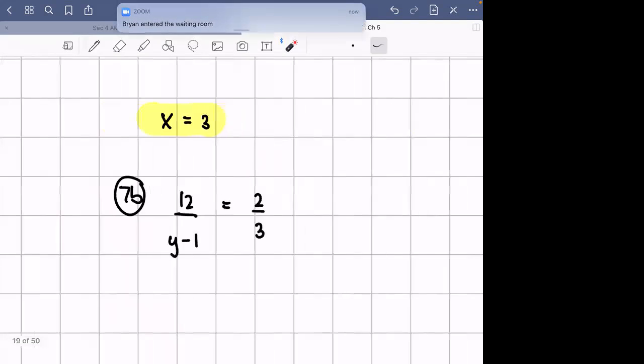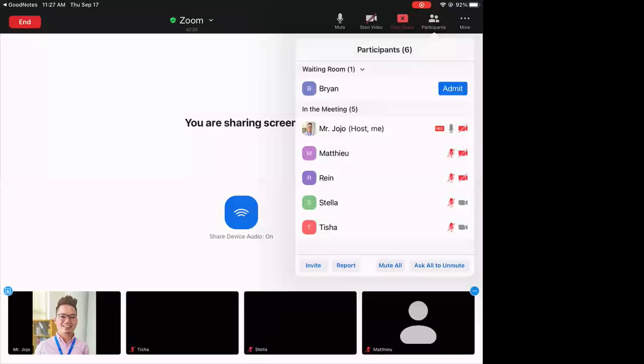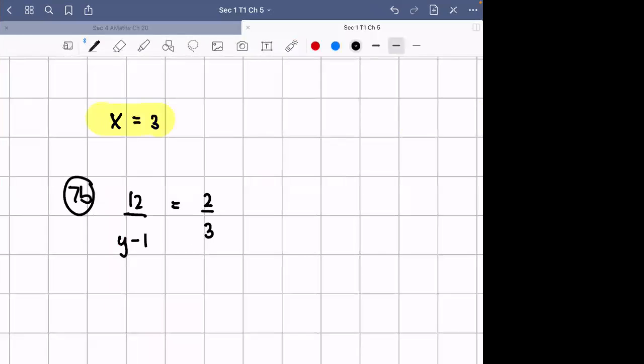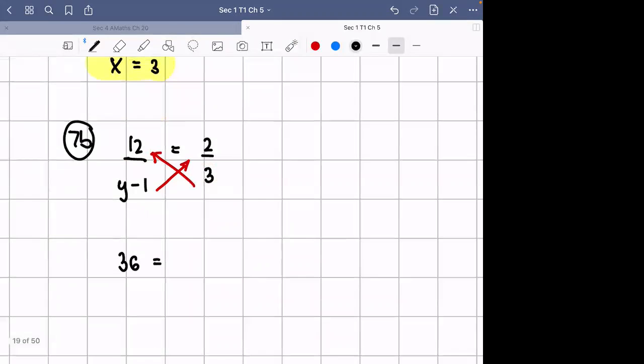Now, for 7b, we can still cross multiply. So what happens here? y minus 1 times 2 and then 3 times 12. What do you get? You get 36 equals 2 times y minus 1. So let me evaluate this: 36 equals 2y minus 2.